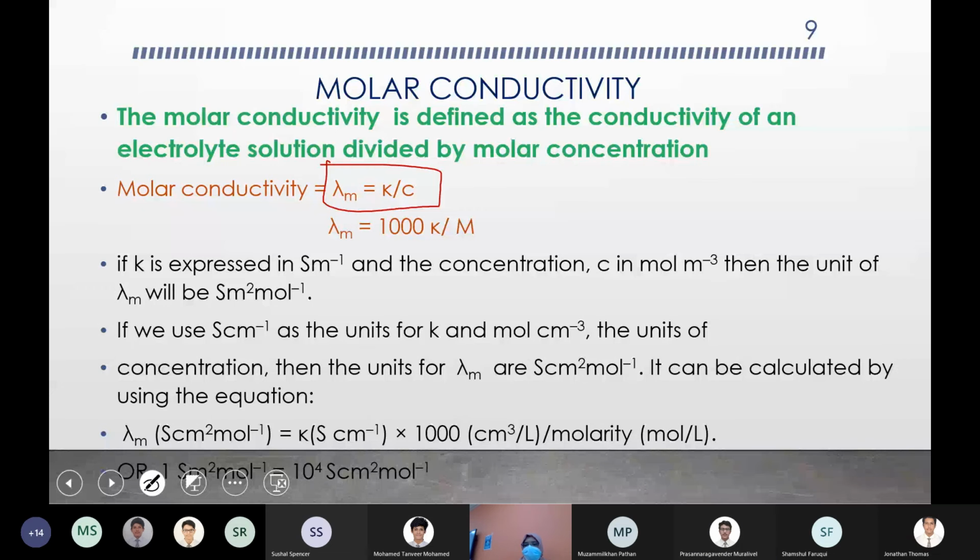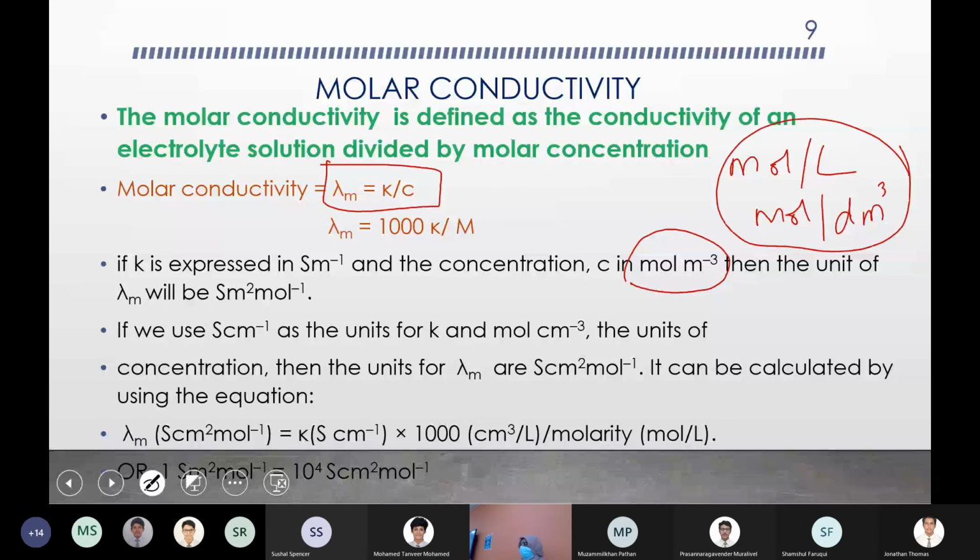Usually we write moles per liter, that is moles per decimeter cube, both are the same.